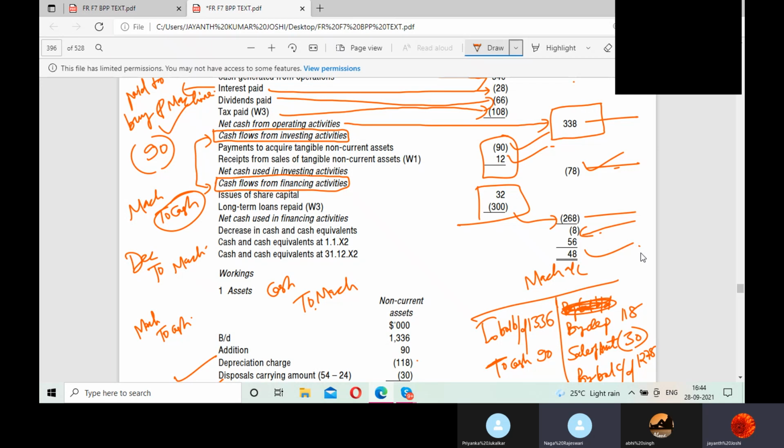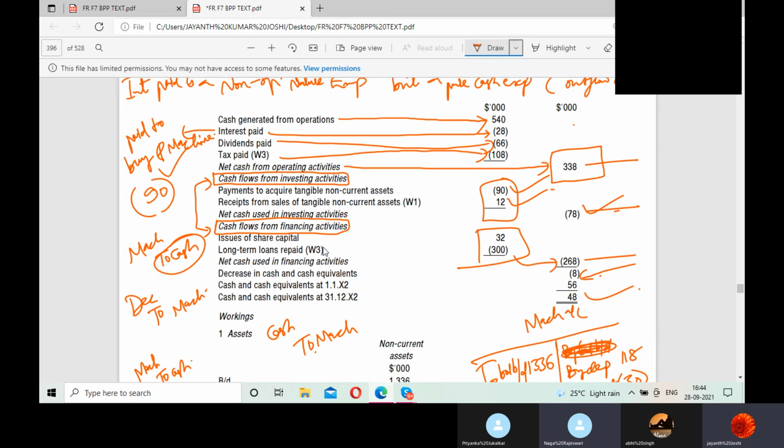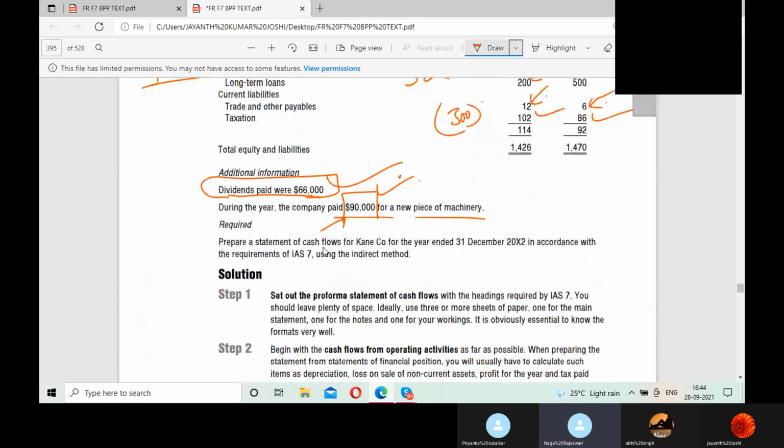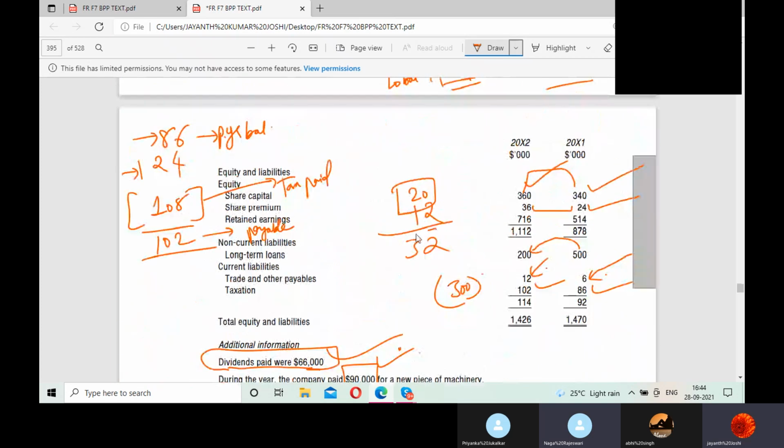Sir, can you explain this cash flow from financing activities once again? Who has a doubt? I'm Rajeshwari, sir. What doubt do you have? So this share capital, the difference is 20. Then you have premium also, no? Yes, a premium also 12. So 32.